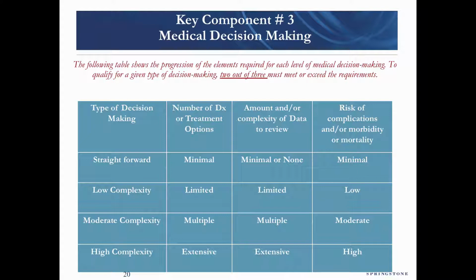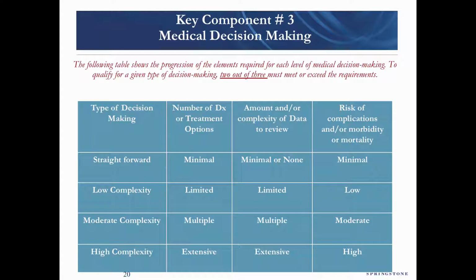Well, for psychiatry, the way the system works in terms of what you get credit for, and I'll show you that in a minute, psychiatry rarely gets enough credit for complexity of data to be reviewed or amount of data. So I'm going to show you a simplified way of addressing all this rather than this.